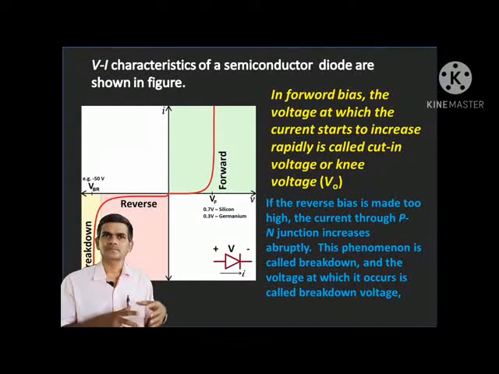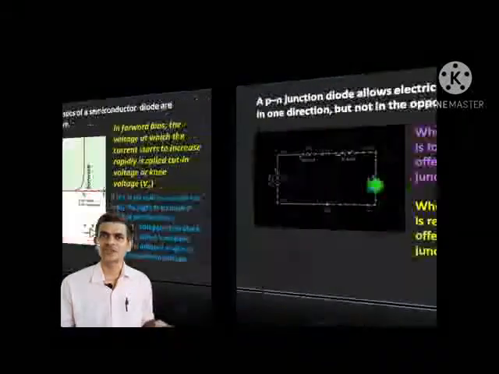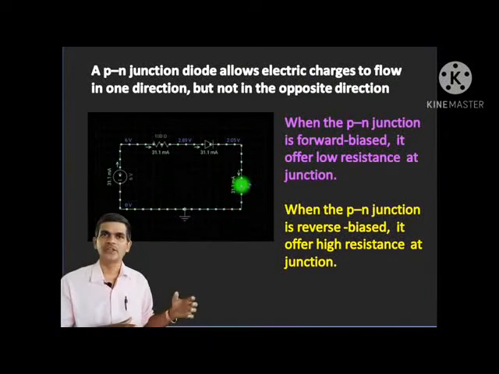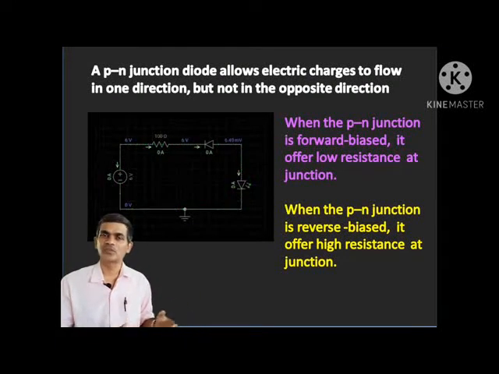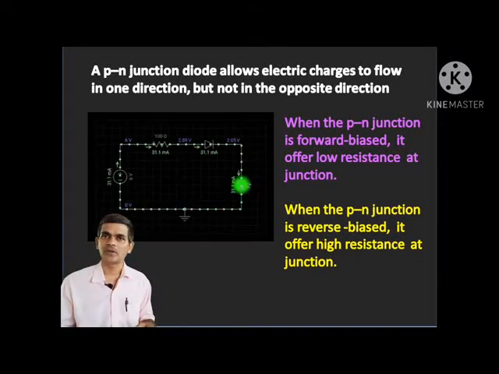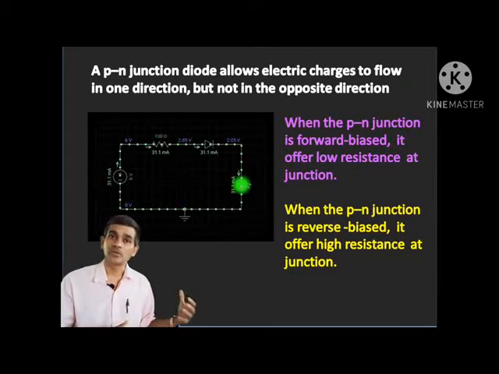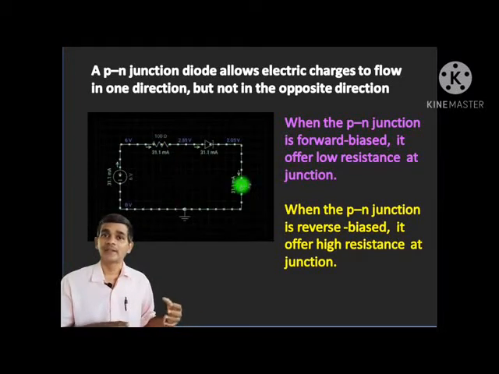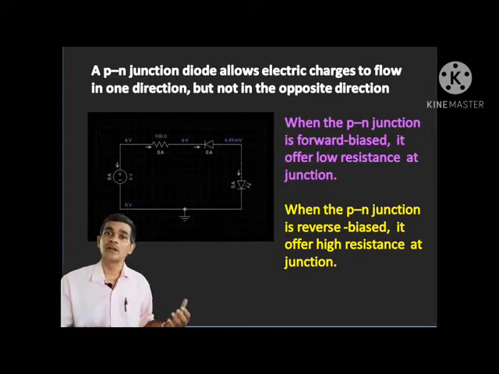Next, what is the characteristic of semiconductor diodes? It is given here. A PN junction diode allows charges to flow in one direction, but not in the opposite direction. In other words, I can say a PN junction in forward bias offers low resistance, and in reverse bias it offers high resistance.